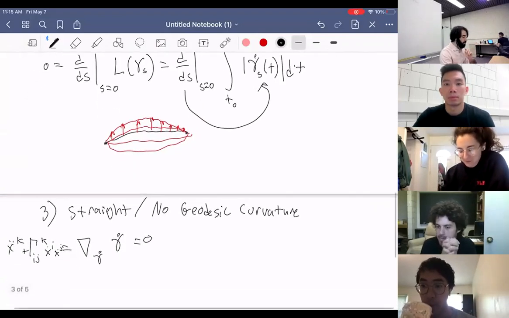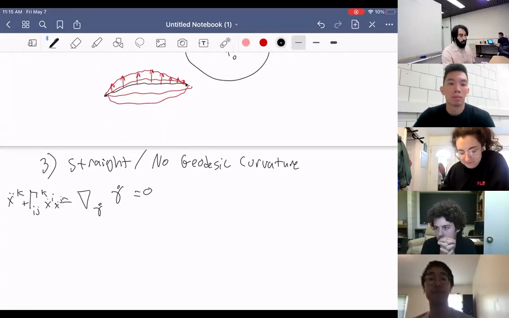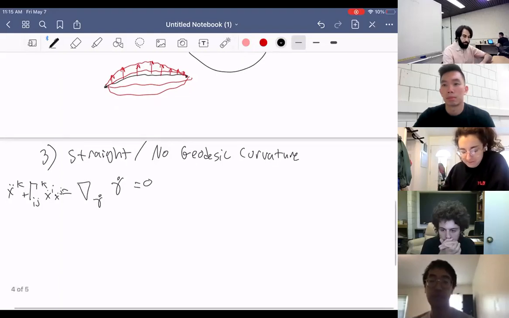But the point of no geodesic curvature is really that the curve doesn't accelerate within the manifold at all.